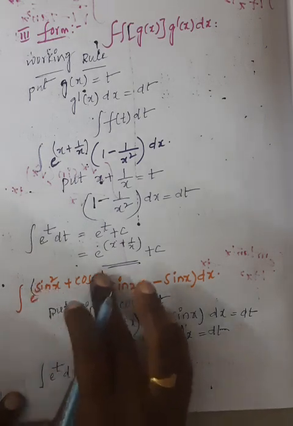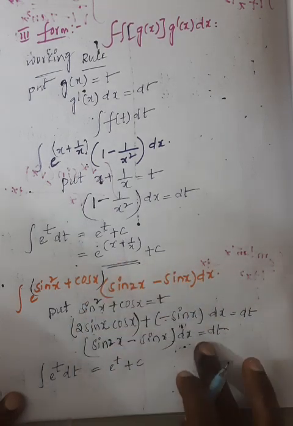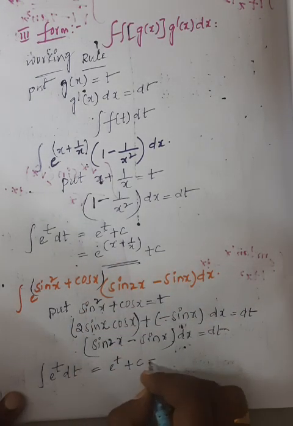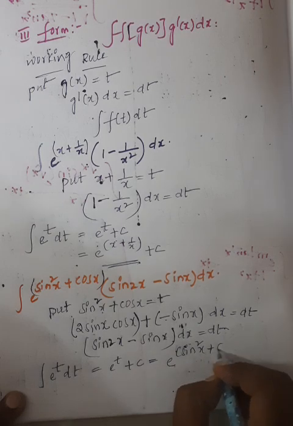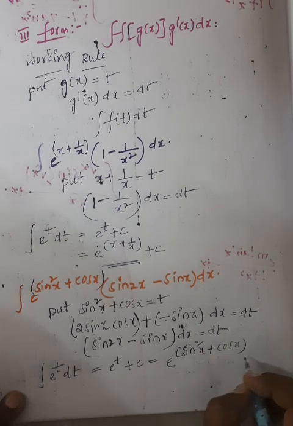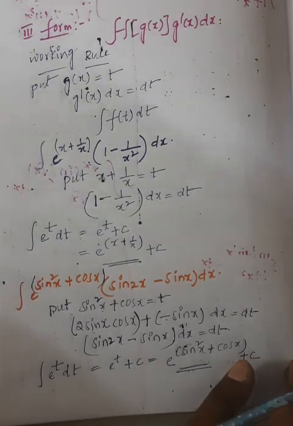So here this is replaced with t, this is replaced with dt. Therefore it is equal to e power t, which is again e power sin square x plus cos x, plus c. So this is all about our third form. Now we shall move on to our fourth form.